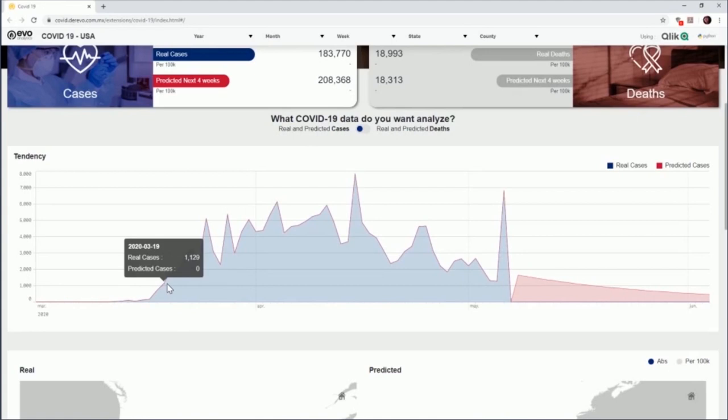And in this model, the red ones are our predictions, and this has been done with artificial intelligence. We are using statistics for this. We're using our historical data and some indicators, as we have discussed before, to predict how and where the cases are going to increase or decrease, depending on the growth rate, the population of each county, and the size of the county.